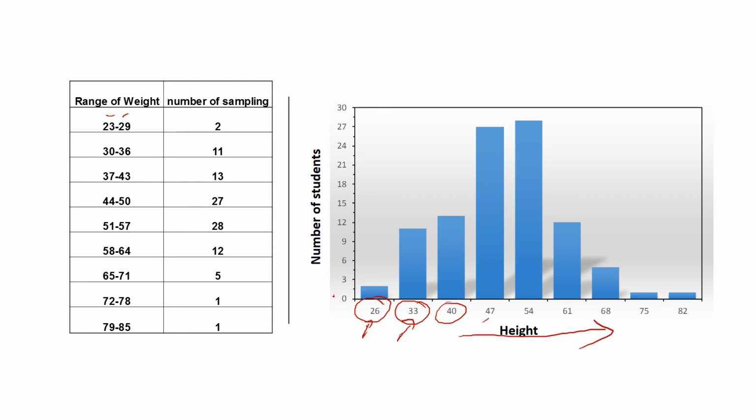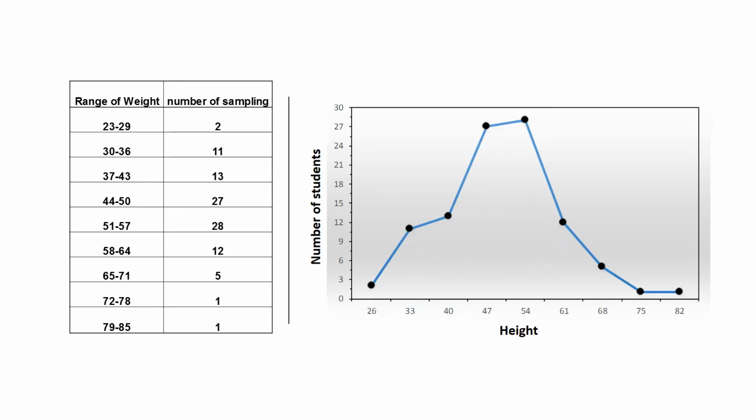So why do we need this midpoint value? Another type of graph that can be drawn to represent the same set of data as a histogram is a frequency polygon, or sometimes we call it a line chart. A frequency polygon is a graph constructed by using lines to join the midpoints.